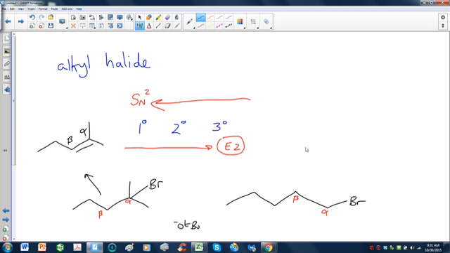If I do the same thing here, my elimination product is going to be this. And so the rationale for why this sort of substrate is preferred in an E2 reaction is the stability of the alkene that we get out.